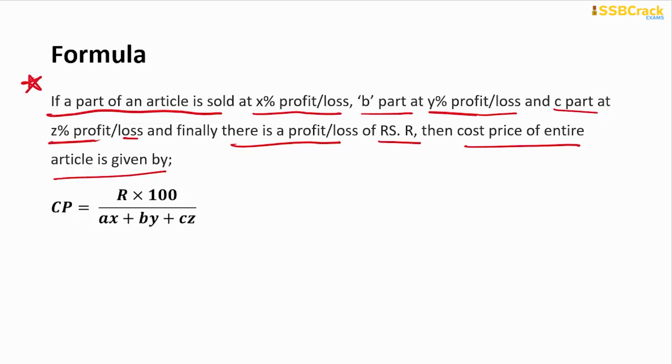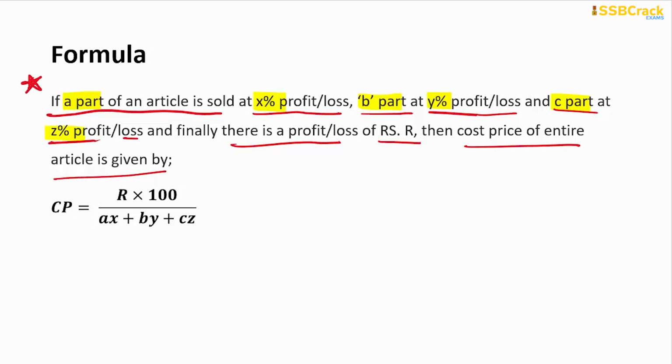This is a very important rule, on which there were a good number of questions previously in various defense exams. Understand this formula for when you shall apply it. When you know that there is an article, or a group of items, maybe a bunch, or simply an article. So suppose the Ath part is sold at either profit or loss X%, the Bth part is sold at either profit or loss Y%, and the Cth part is sold at either profit or loss Z%.